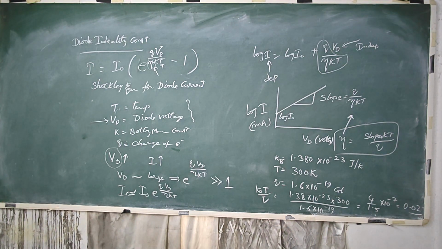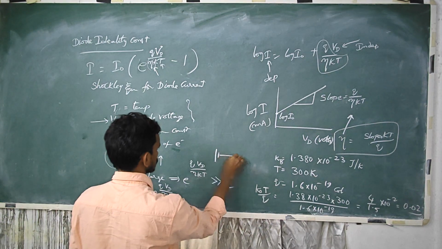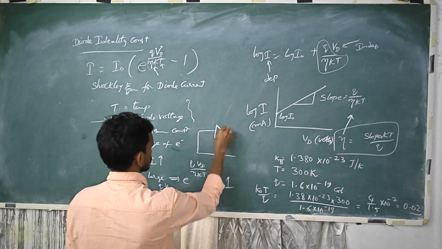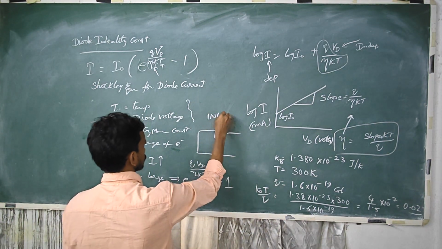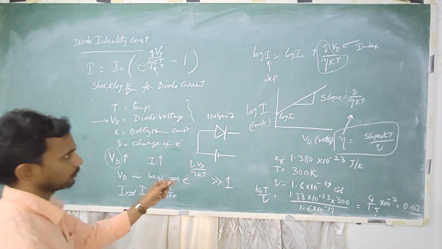Okay. So you have to take a 1N4007 diode, and you have to forward bias it.